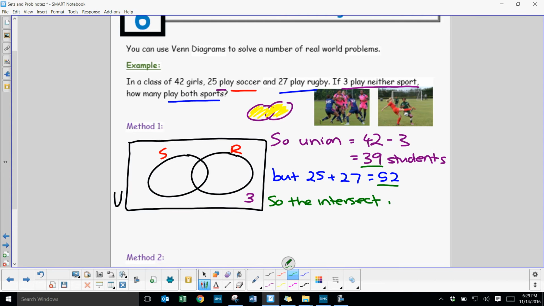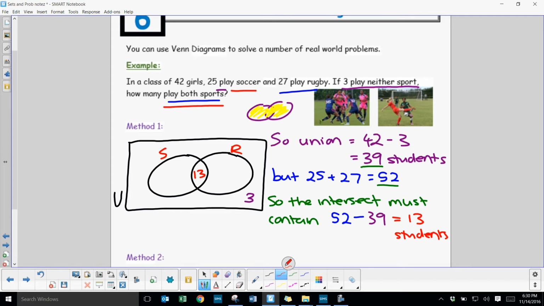The intersect must contain the difference between these two numbers: 52 minus 39, which is 13 students. So now we know the intersect is 13.